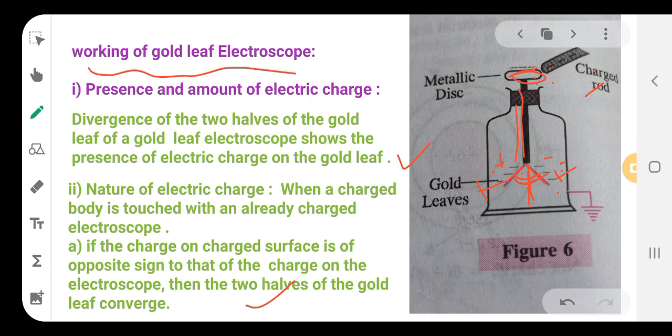Here the negative charges are accumulated. The ebonite rod is a charged rod with negative charges, and the metal disc also acquires negative charges, which are passed on to the metal disc, and also the gold leaf acquires negative charge.